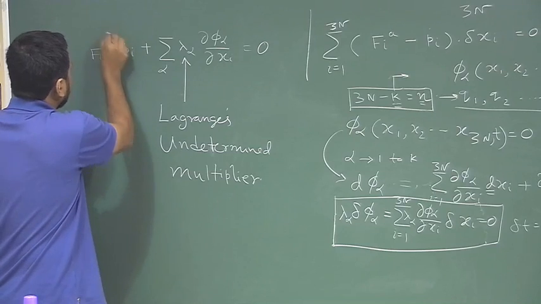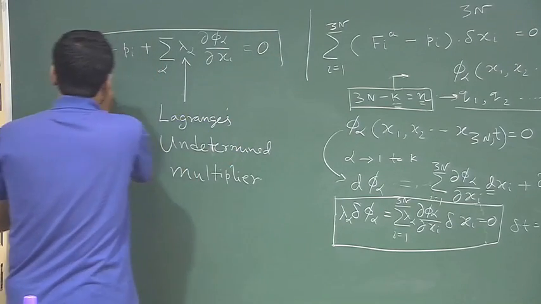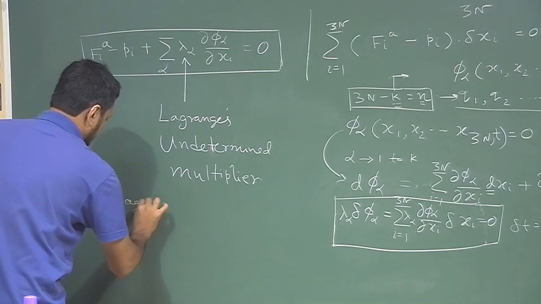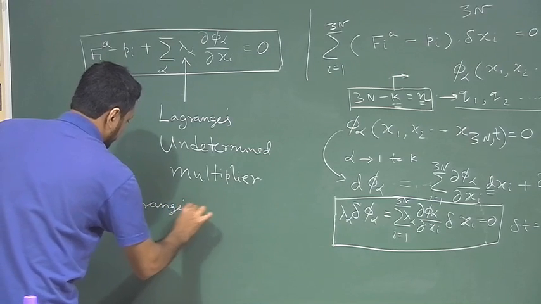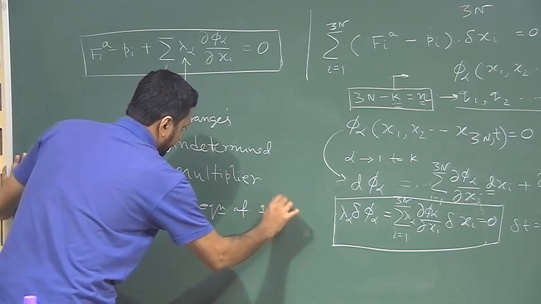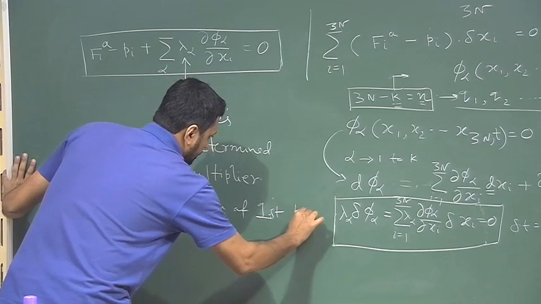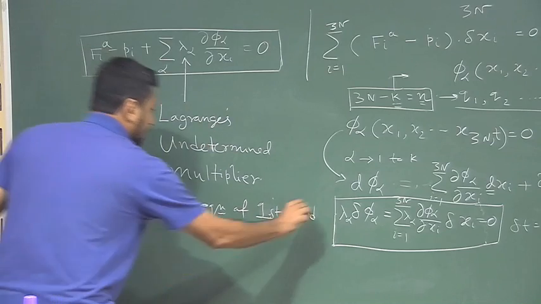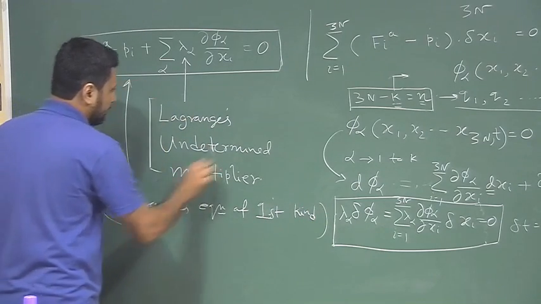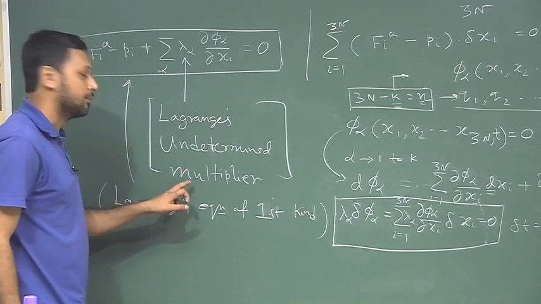I think I can write here, right. This family of equations is called Lagrange's equation of first kind, and these lambdas, which are the undetermined constants, are called Lagrange's undetermined multipliers.